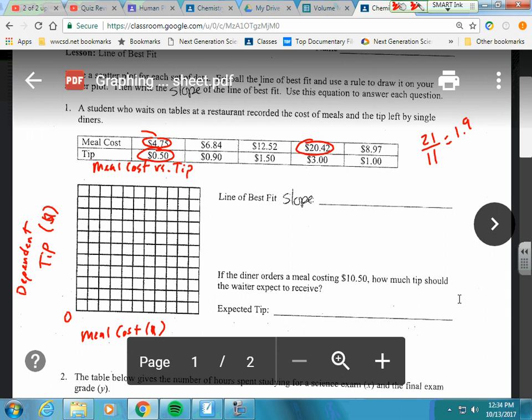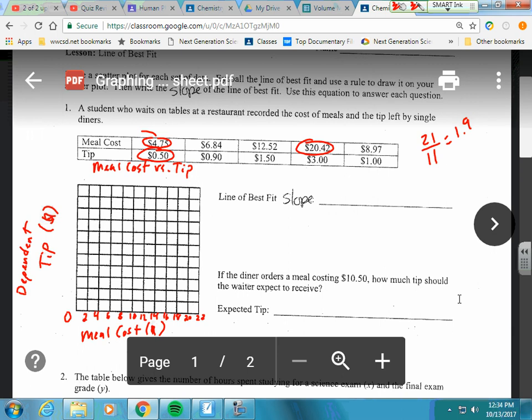So I'll make the first mark worth 2, and then 4, 6, 8, 10, 12, 14, 16, 18, 20, 22. Can I fit all my numbers for the meal cost values? Yes. And am I going to be using most of that x-axis? Yes. All right.